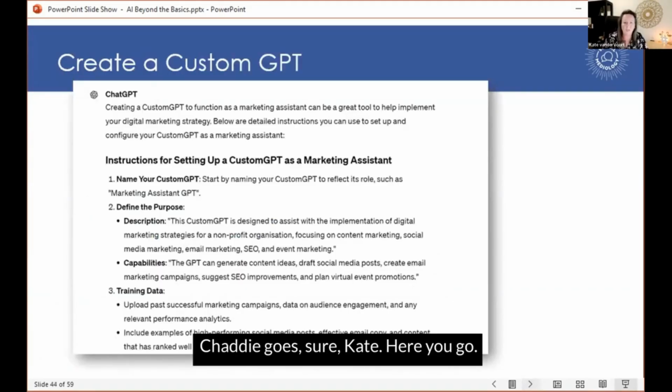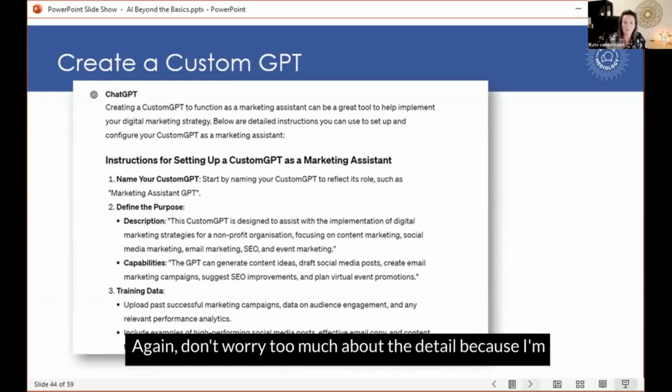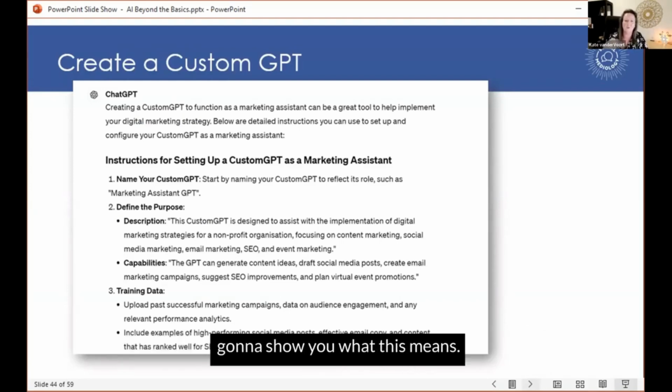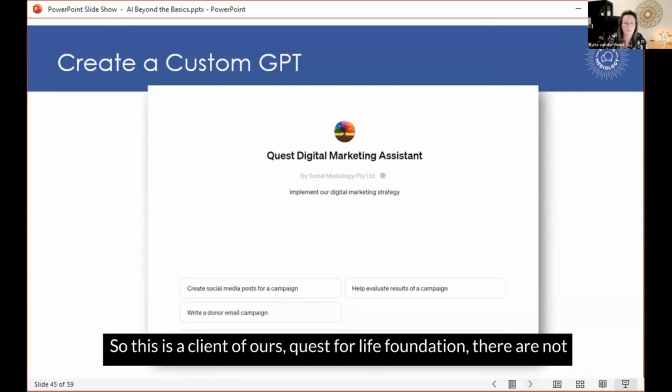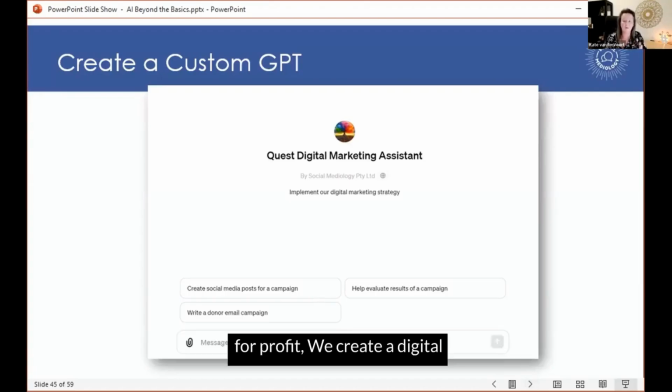Chatty goes, sure, Kate, here you go. Here's how you create a custom GPT. Again, don't worry too much about the detail because I'm going to show you what this means. This is what a custom GPT looks like. So this is a client of ours, Quest for Life Foundation. They're a not-for-profit.